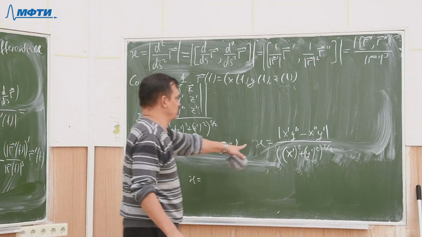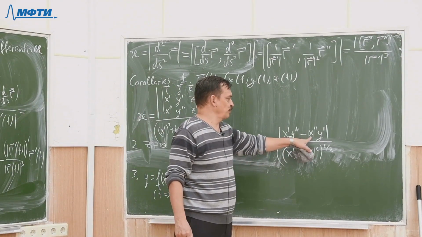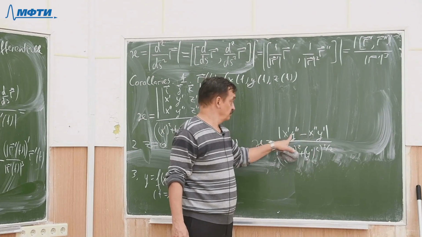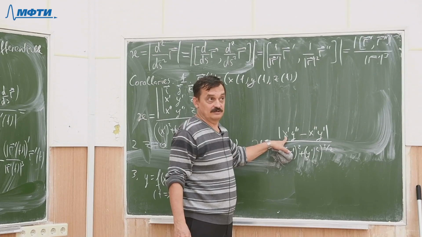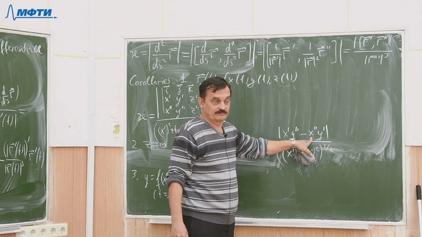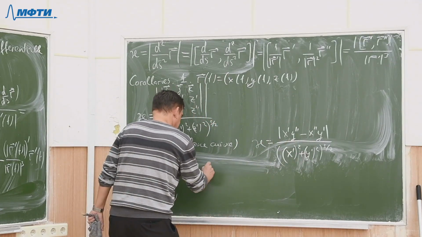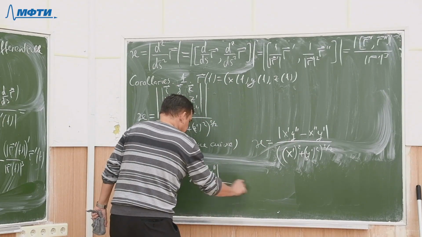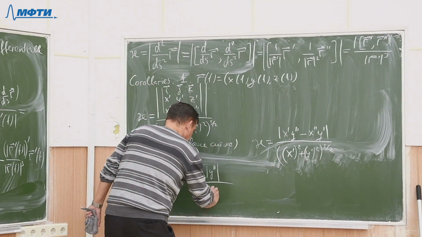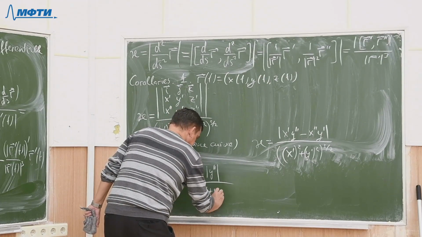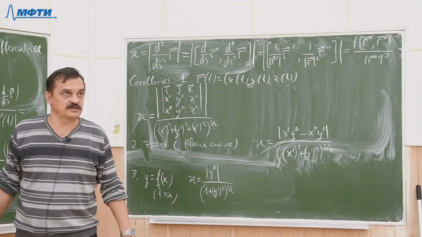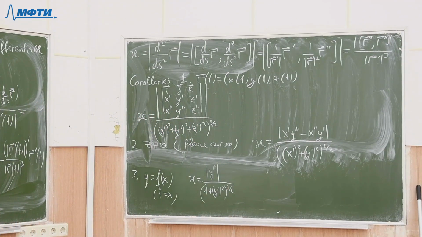Then x prime is 1, x double prime is 0, because x equals t. So what remains? We have just y double prime over 1 plus y prime squared to the power 3 over 2. That is the curvature of a graph of a function, right?